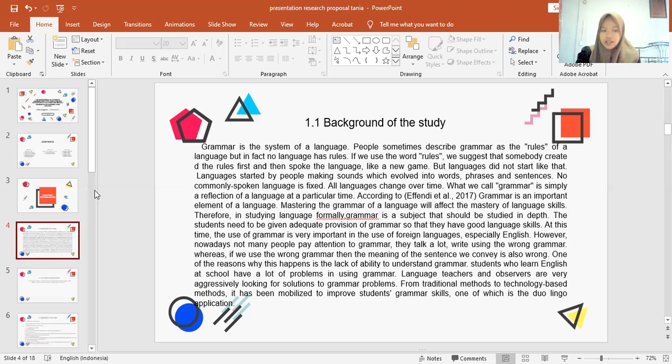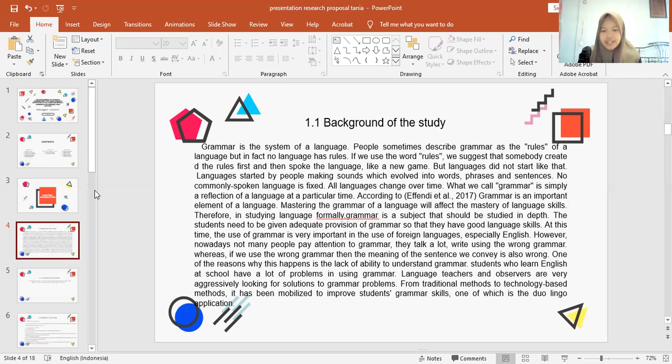However, nowadays, not many people pay attention to grammar. They talk a lot while using the wrong grammar. Whereas if we use the wrong grammar, then the meaning of the sentence we convey is also wrong. One of the reasons why this happens is the lack of ability to understand grammar. Students who learn English at school have a lot of problems in using grammar.